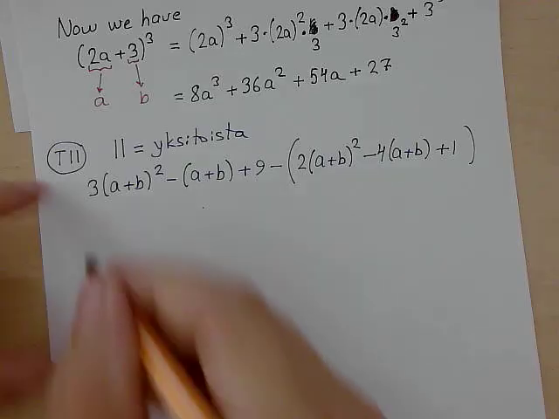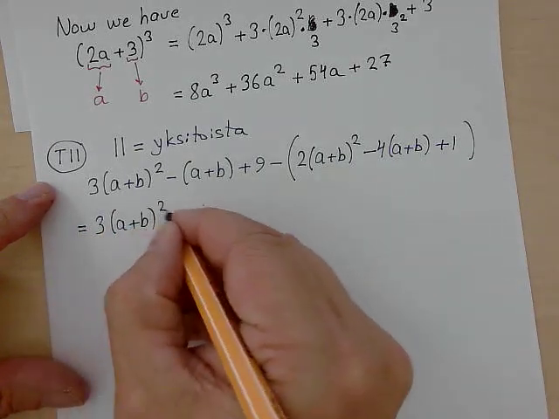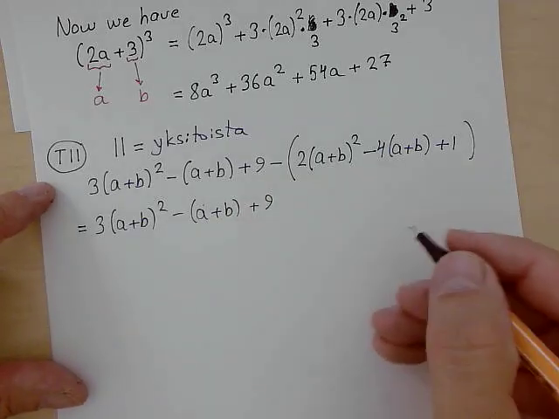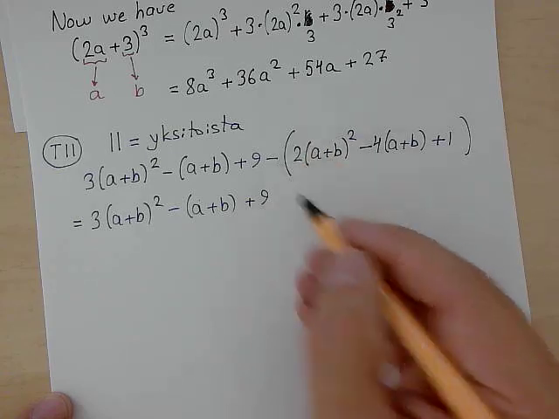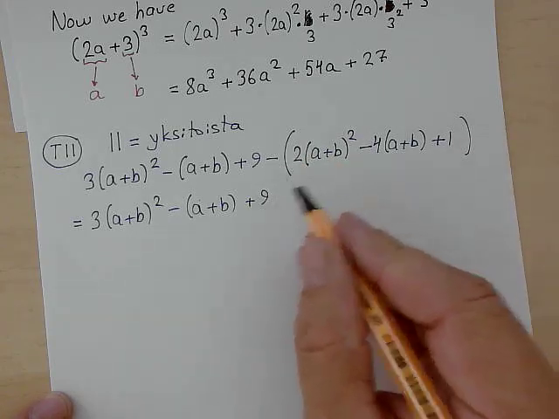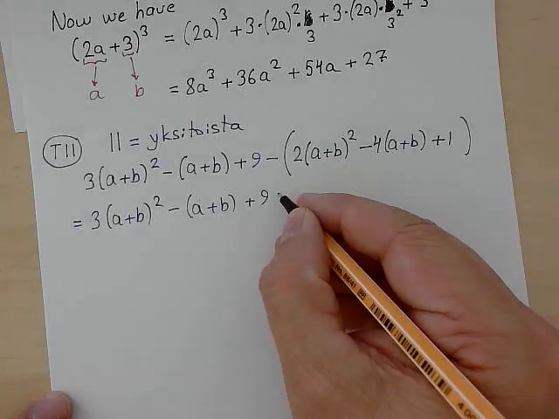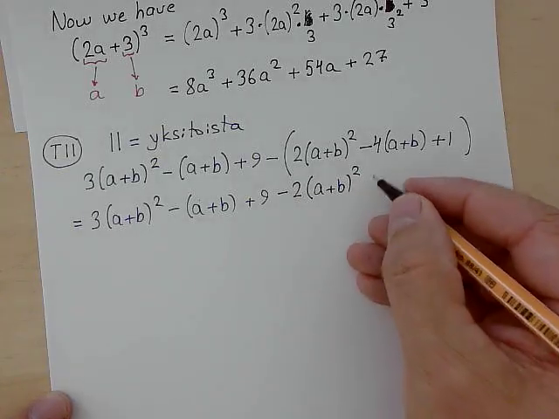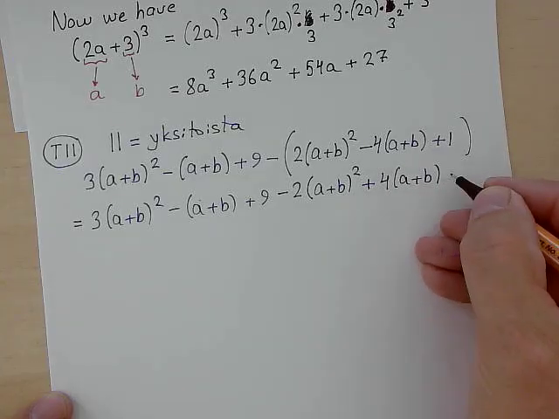So I would leave this first part still in the same format, but now take away these parentheses or brackets and change the signs there, so it will be minus 2(a plus b) squared plus 4(a plus b) minus 1.